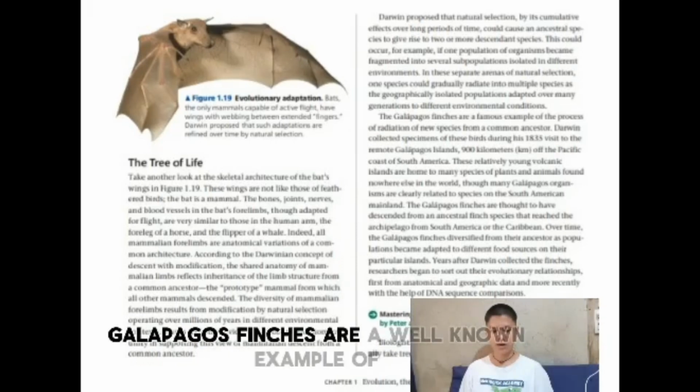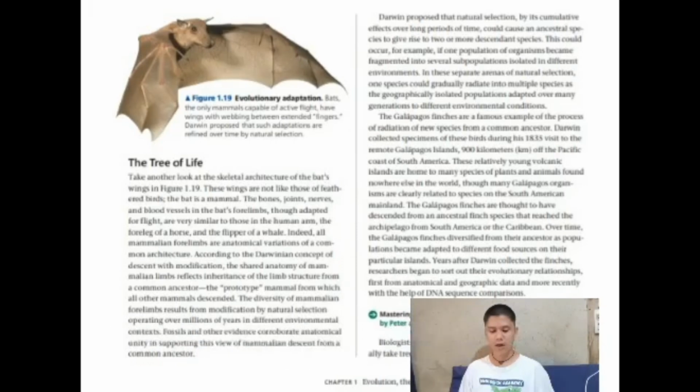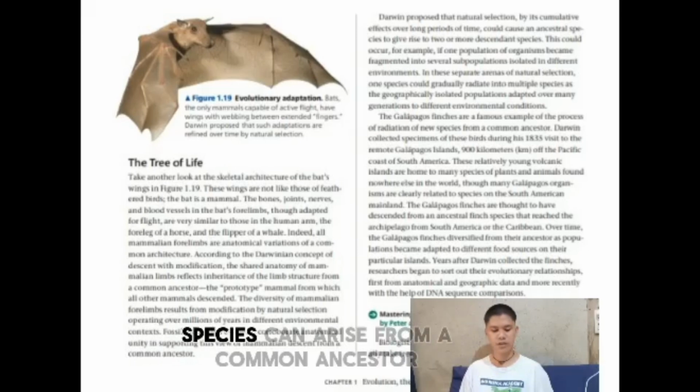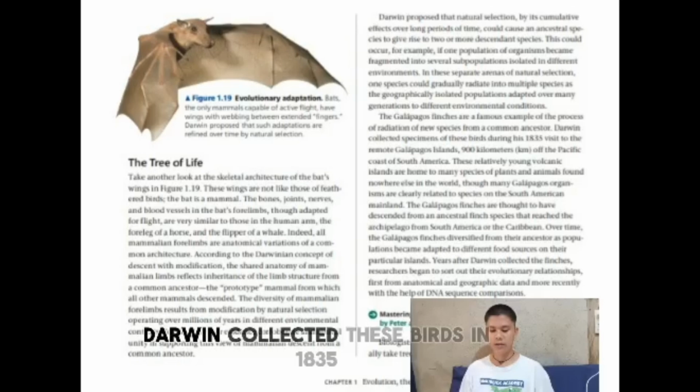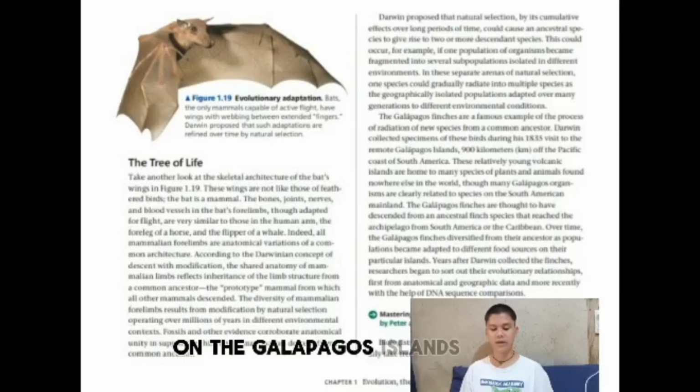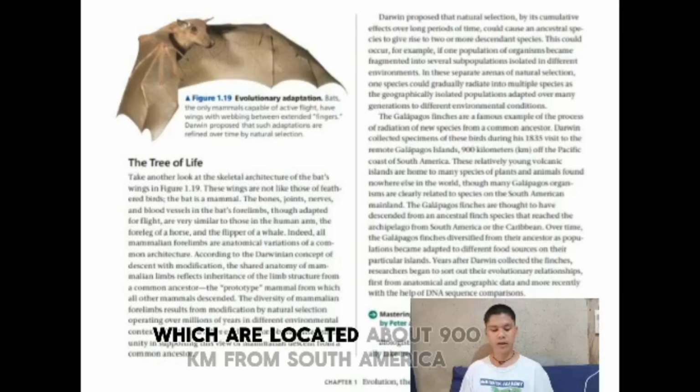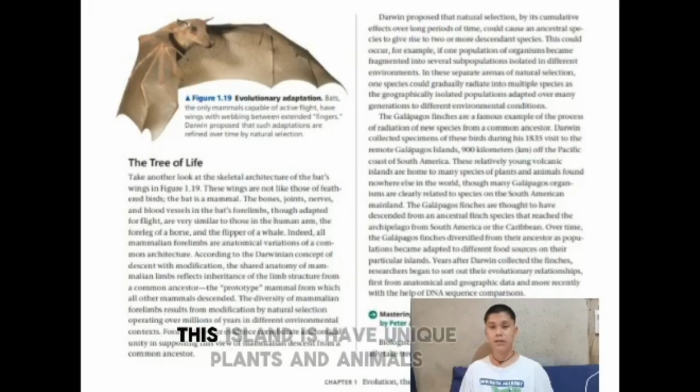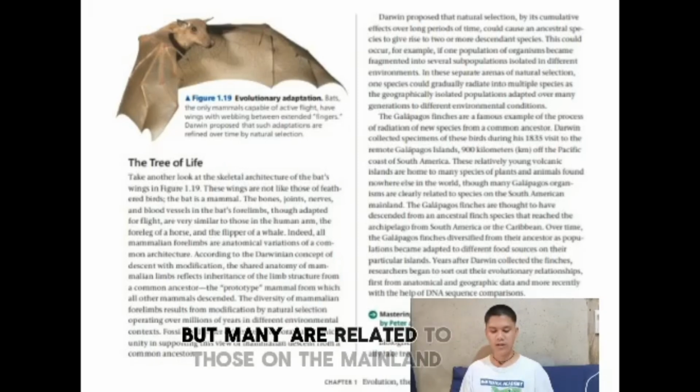Galapagos finches are a well-known example of how new species can arise from a common ancestor. Darwin collected these birds in 1835 on the Galapagos Islands, which are located about 900 kilometers from South America. These islands have unique plants and animals, but many are related to those on the mainland.